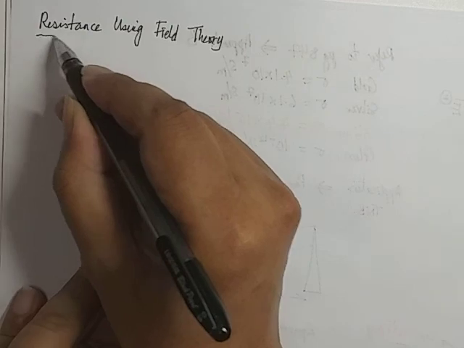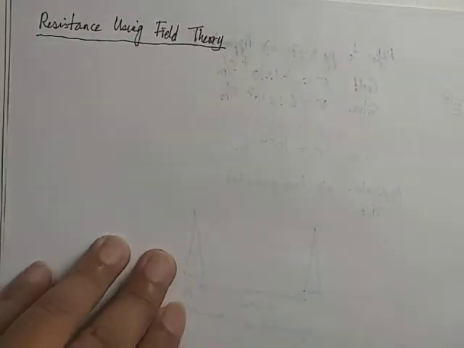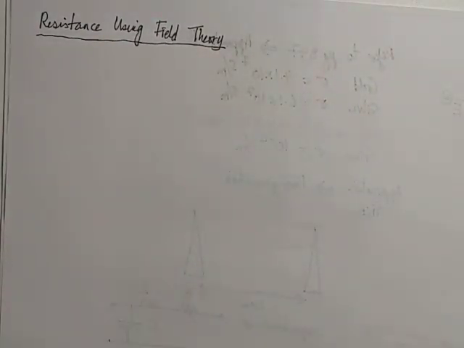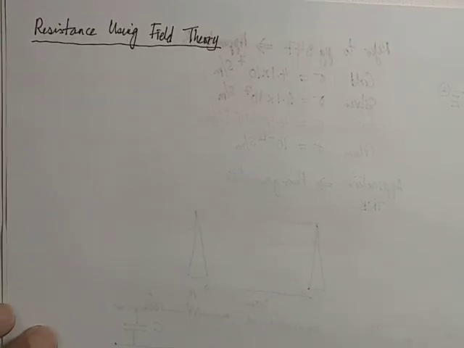That should be our task now, because we've been informed whenever we use conductor material, that will introduce a parameter known as resistance. So we're going to calculate the resistance using a method known as field theory.